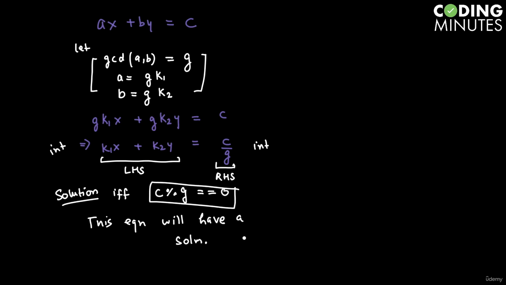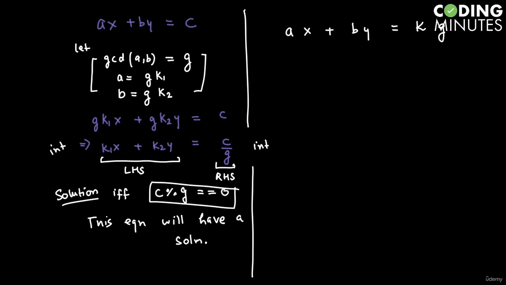Now let us talk about how we find that solution. The second step is, how do we find the solution? We can write this equation as ax plus by equals some constant times g, because we know that c is divisible by g, so c must be a multiple of g.